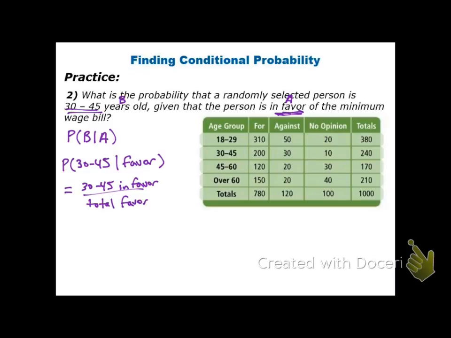So that means we're taking the number of people who are 30 to 45 years old who are in favor of the bill, so 200, over the total that are for the bill, so 780. So 200 divided by 780, in this case, is going to reduce down to 10 over 39, or right around 0.256.